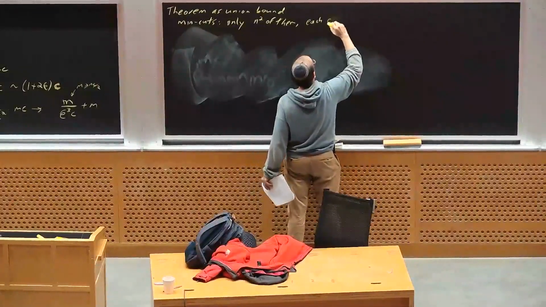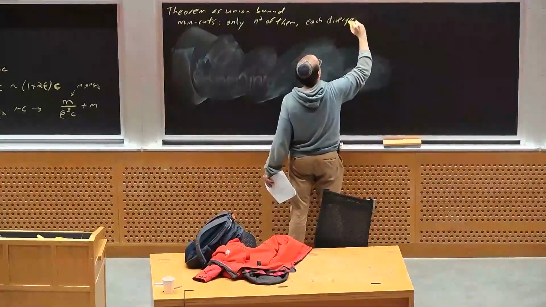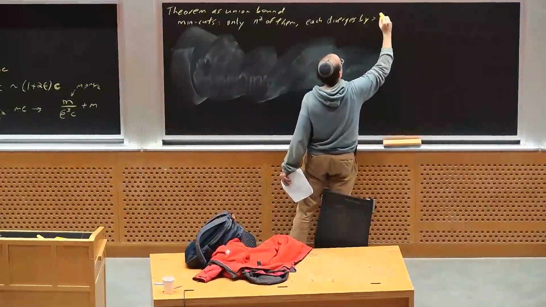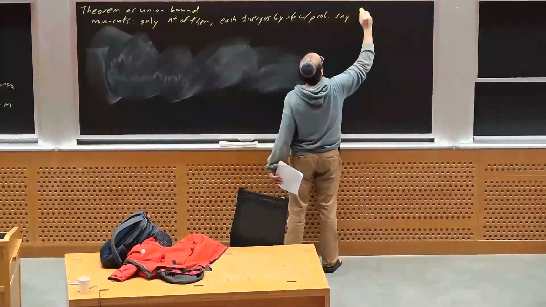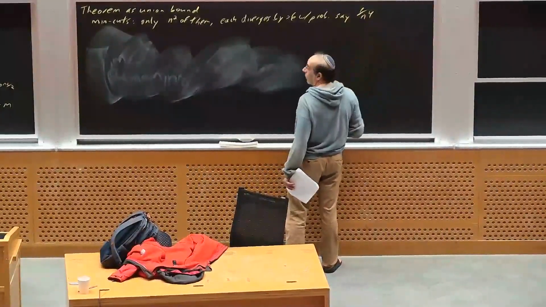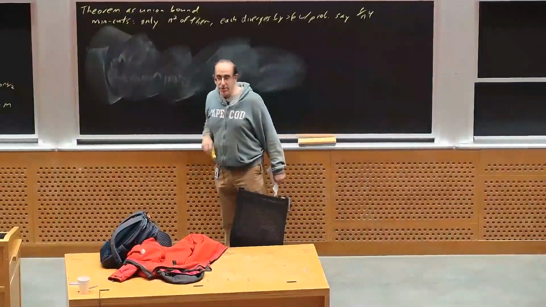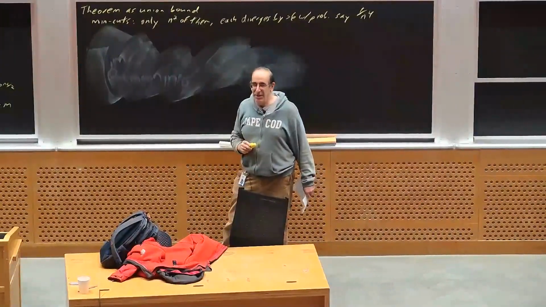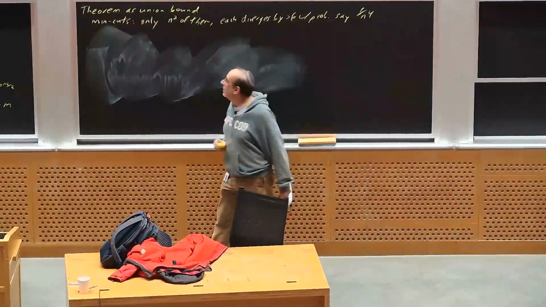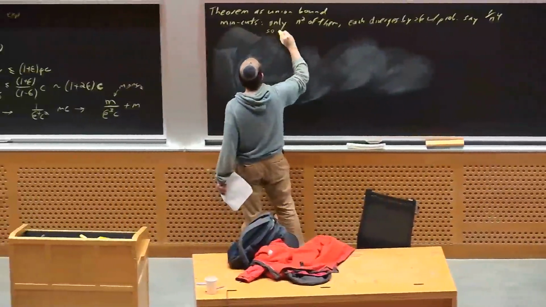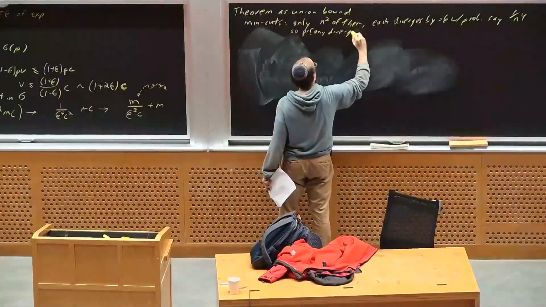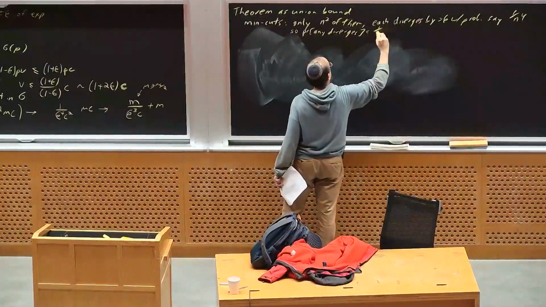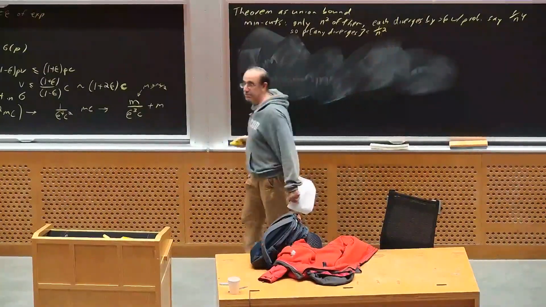Each diverges by more than epsilon with probability, say, 1 over n to the 4, if I choose my constants properly in my P. So the probability that any diverges is less than 1 over n squared. Okay.